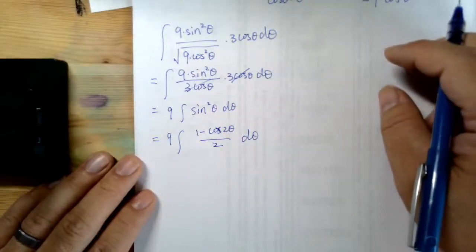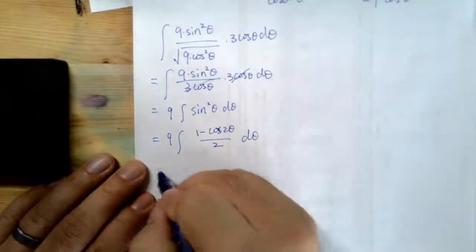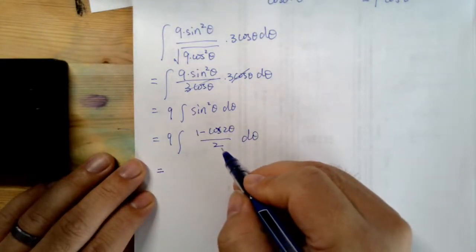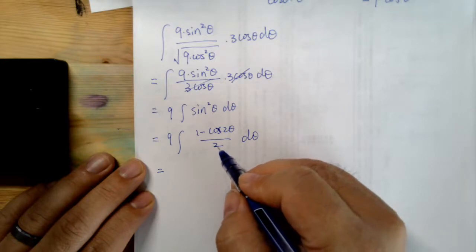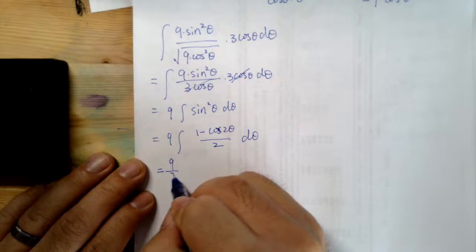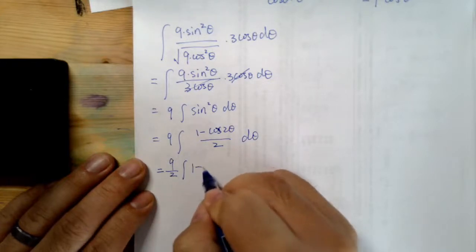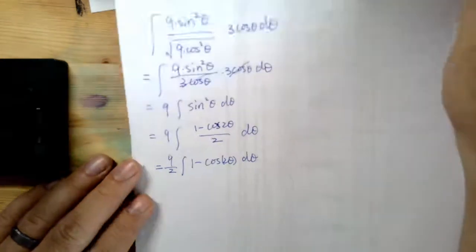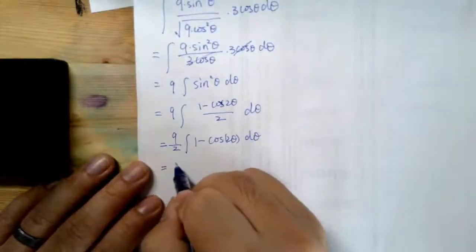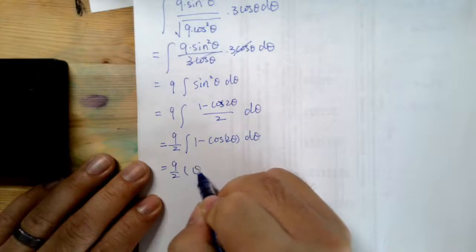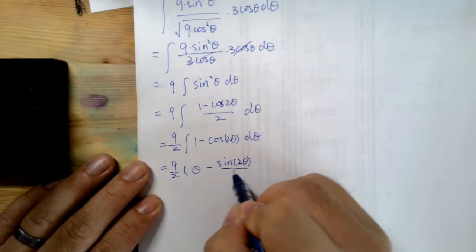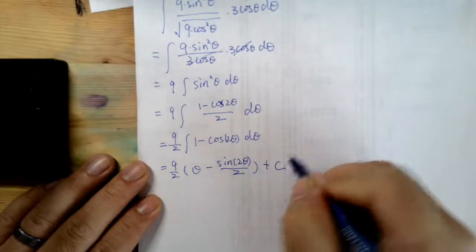Okay, and so if I bring the 2 out, it's 9 over 2 times the integral of 1 minus cosine 2 theta d theta here. The integral for those is very straightforward, which is just theta minus sine 2 theta over 2, plus a constant c.